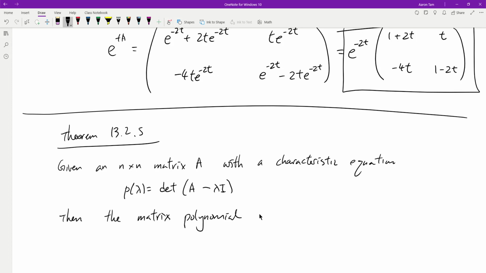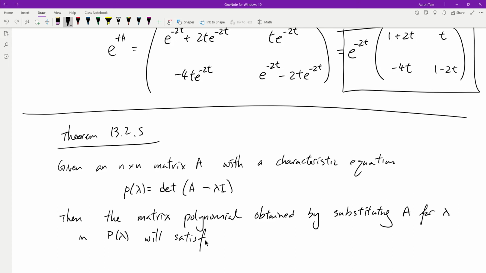The matrix polynomials are obtained by substituting A for lambda in the formula P of lambda, will satisfy the equation P of A is equal to 0.